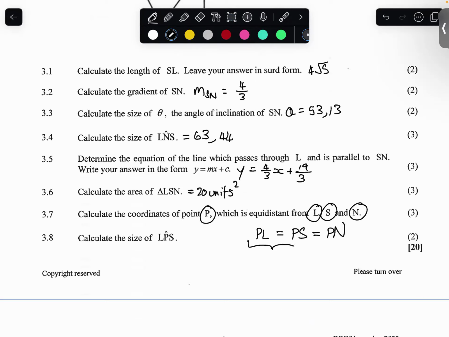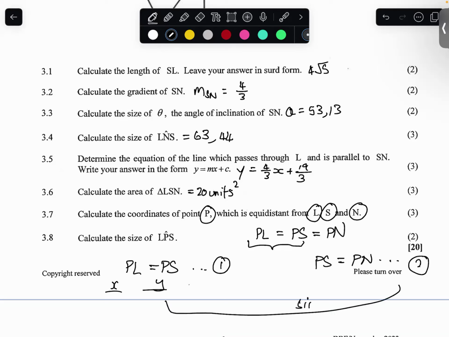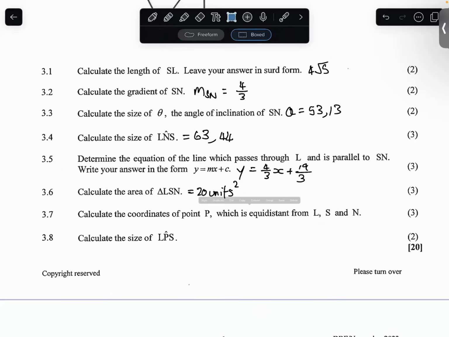Then you could use this as a formula, say PL is equal to PS, get equation 1, because there are 2 unknowns in terms of x and y, and then the second equation, you could have gone PS is equal to PN. Sub everything in, get equation 2, solve those 2 equations simultaneously, right? However, that's very long. So there is another method to do it.